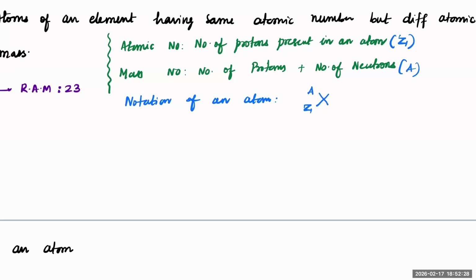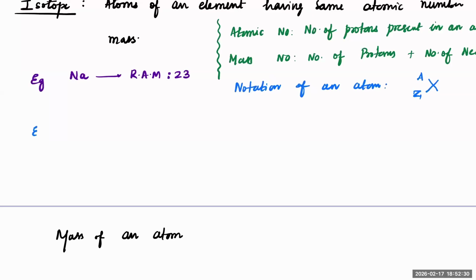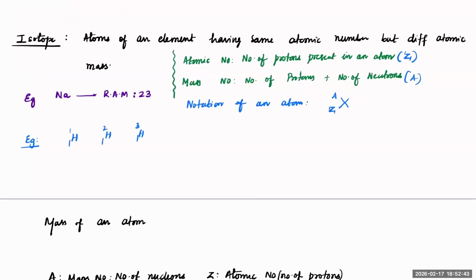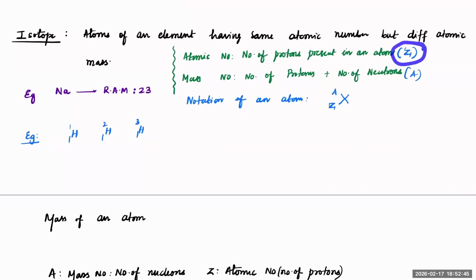So now let me give an example. Suppose the example is H-1 1, H-2 1, H-3 1. You can notice that the mass number in all three cases is different. Atomic number is the same, but the mass number is different.